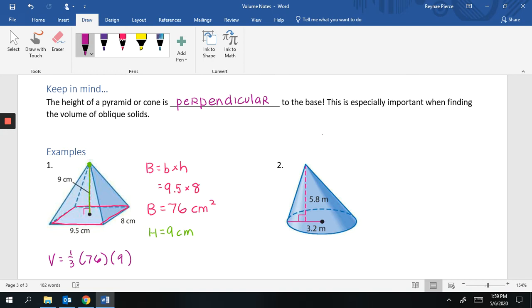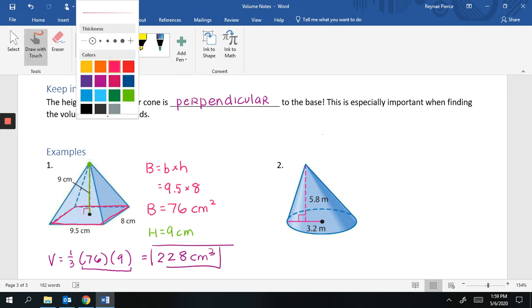So if you want to, you can still multiply the area of the base times the height first, and then dividing by 3 or multiplying by 1/3 is going to get you the same result. And so our volume here of this pyramid is 228 cubic centimeters.